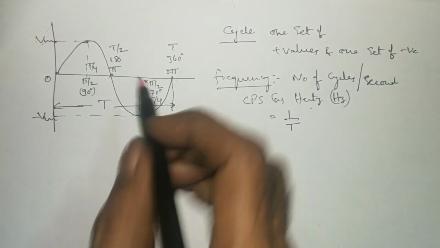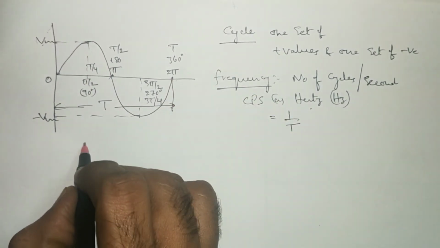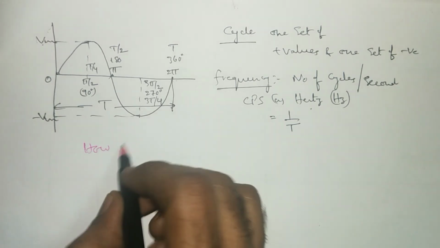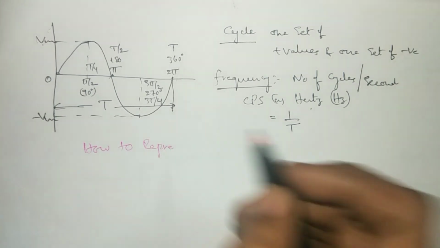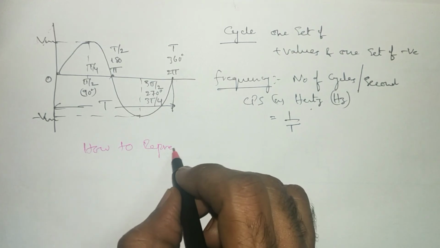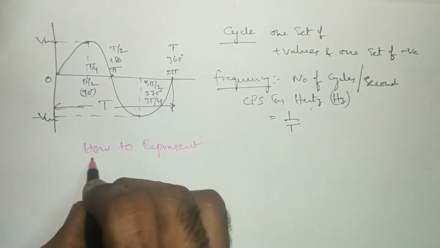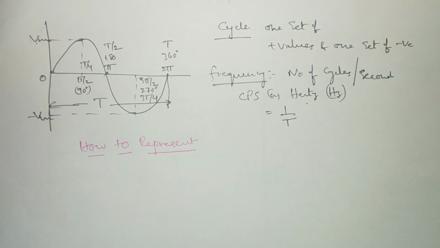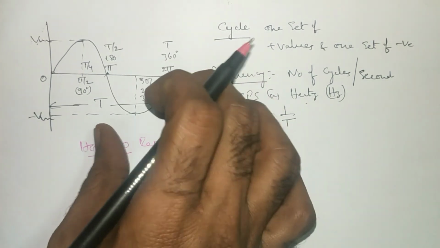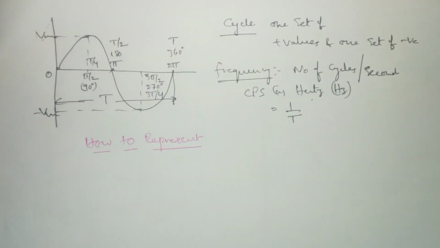Then how to represent this waveform? This is an important point of discussion here: how to represent the waveform, means by which value we are going to designate this particular alternating waveform.